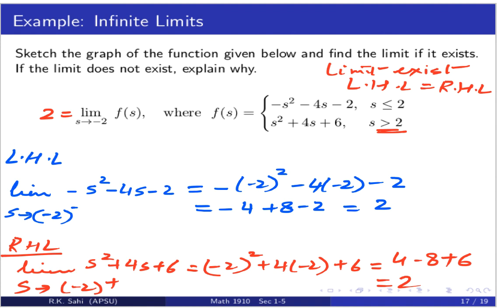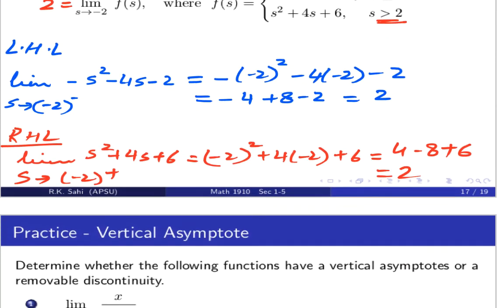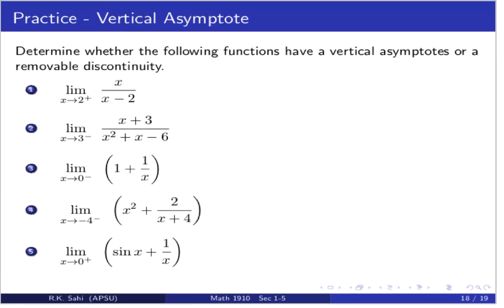Okay, guys. We have done a lot of practice of infinite limits. Now it's time for you to practice. So here are 2 slides for you to practice. These are to find whether they have a vertical asymptote. Oh, no, so determine the limits, guys. I'm sorry, this is not the right one.